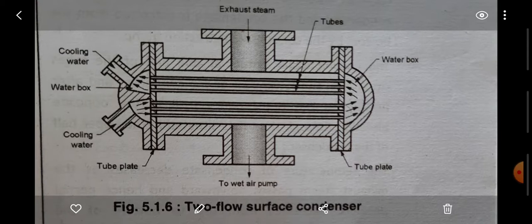The rate of transmission of heat through the tubes to the circulating water increases with the increase of number of flows, but the power required to circulate the water is increased.